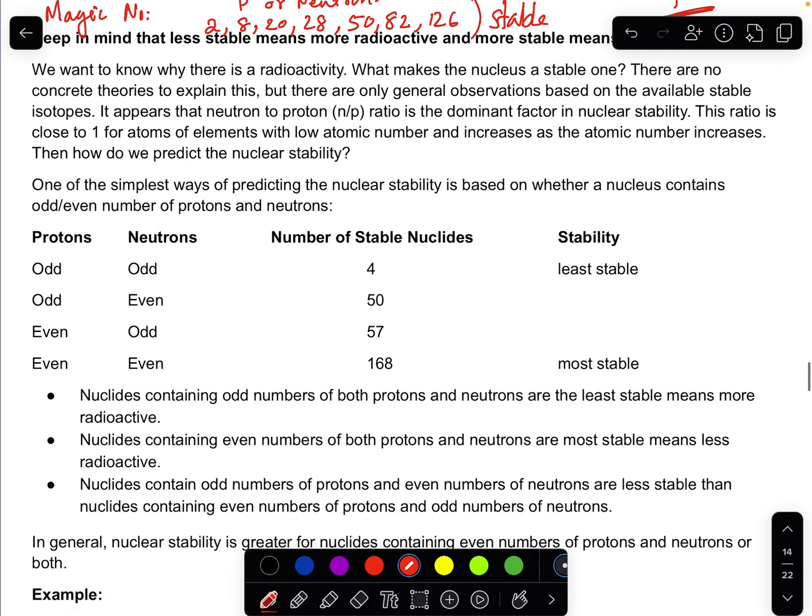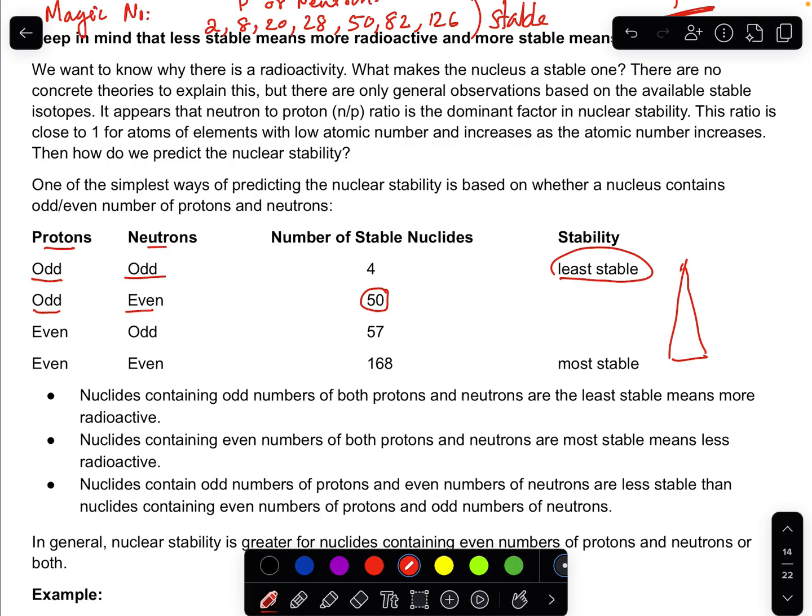Also, we can look at the odd and even numbers. If both protons and neutrons are odd numbers, they will be least stable. If protons are odd and neutrons are even, they will be a little bit more stable.